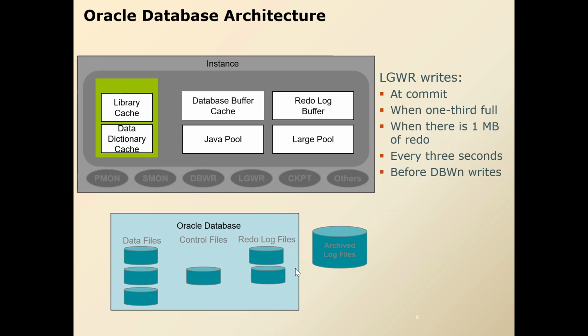Remember one thing, first of all, data files are the actual data, where the data actually resides. Now the question is, what is the whole purpose of having this data in two places? The whole purpose is to ensure the redo.